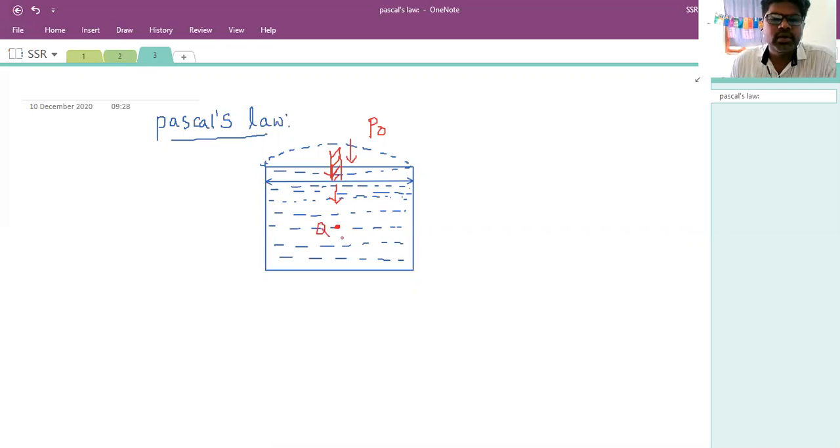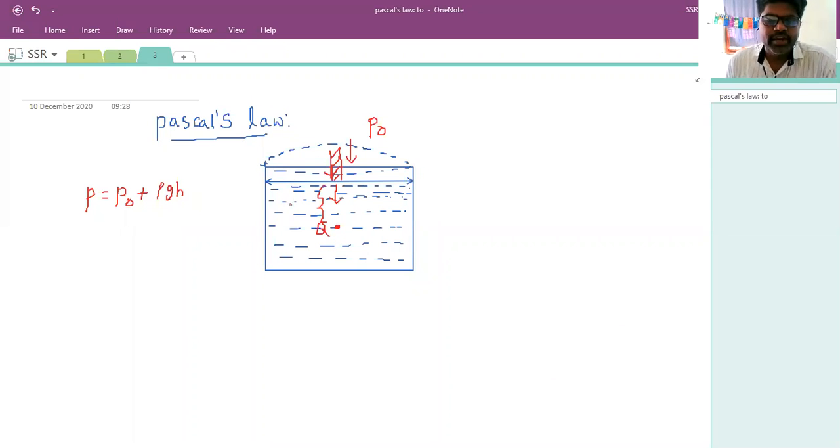At this point Q, how is the pressure? Normally you can write P is equal to the pressure at point Q at a depth h, P naught plus rho g h, where h is the depth. Now you are applying this piston pressure downwards. Then this pressure acts on this fluid.